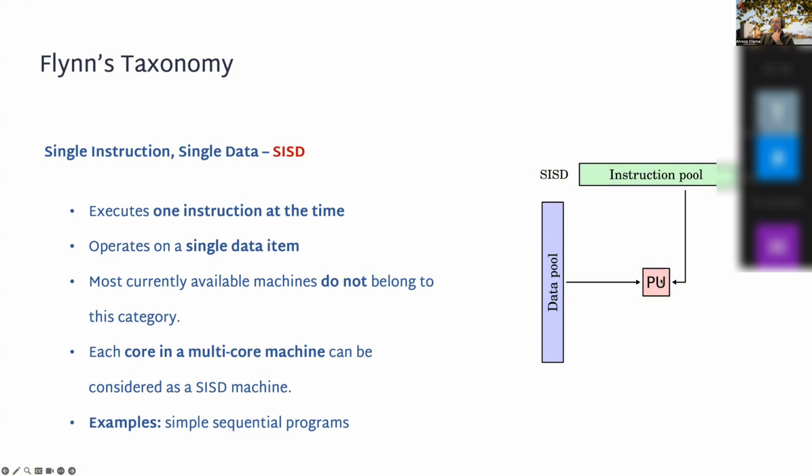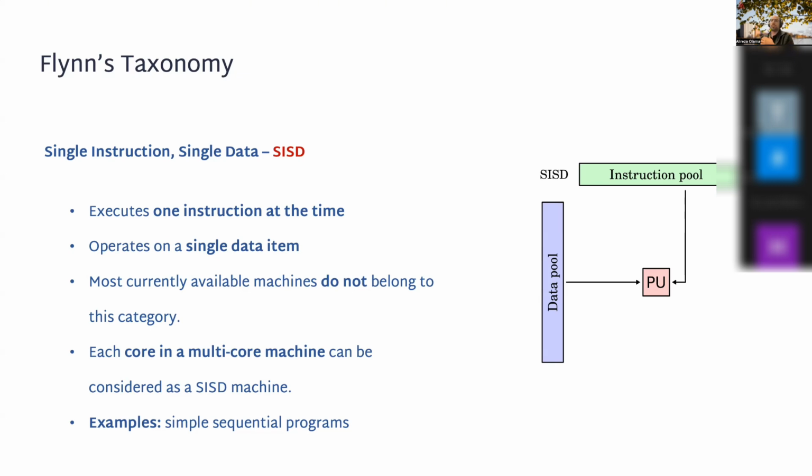And finally, you have a PU, or a processing unit, that fetches the data from this data pool and fetches an instruction from the instruction pool, and then performs a computation on the data using this instruction. So this is a traditional machine. In this case, this machine can only execute one instruction at a time, and it can also operate only on a single data item. That's why it's called a single instruction, single data machine.